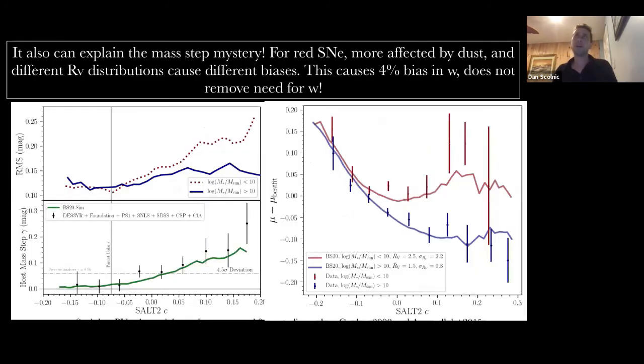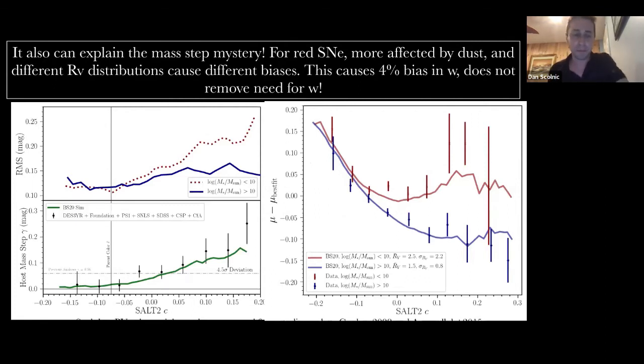Okay, now the kicker of this is if you break the supernovae up into supernovae in low mass galaxies versus high mass galaxies, which I talked about before. What you can see is that the scatter has a strong color dependence, and it is much higher for the red supernovae in the lower mass galaxies.